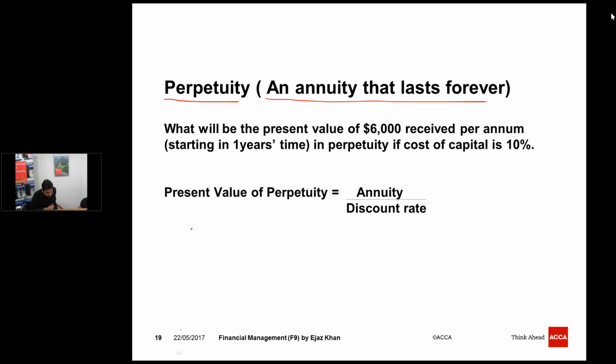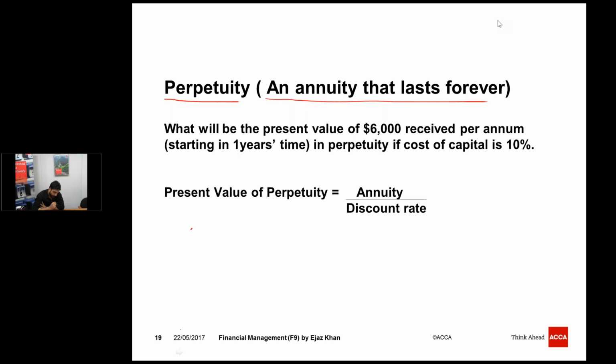We will be receiving dividends till we hold the share or till the company is there. So we'll be receiving dividends for an indefinite period of time. And if we are investing in anything like this, which will give us returns forever or for an indefinite period of time, that annuity will be called a perpetuity.